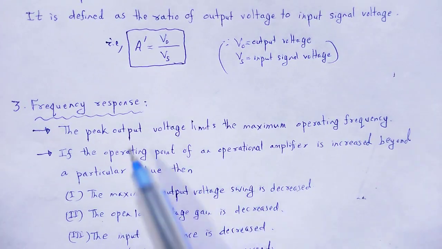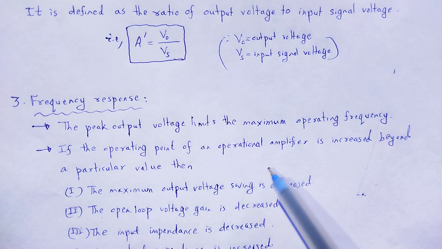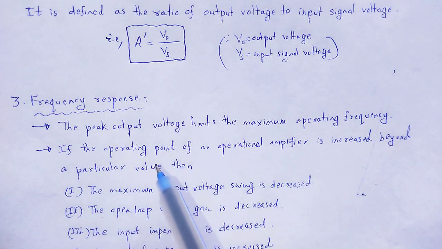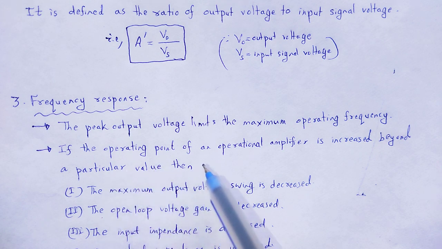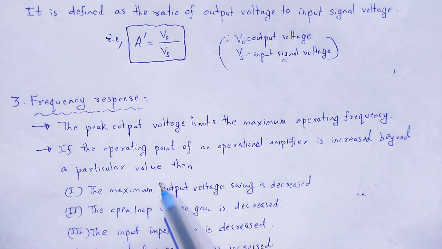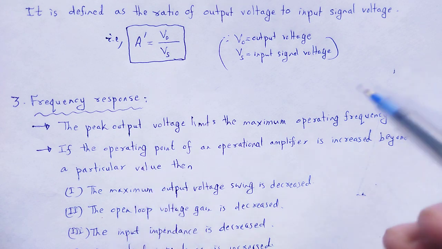Another point: the operating point of an operational amplifier, as we know, is the Q point or quiescent point. If the operating point is increased beyond a particular value for a given frequency, then what happens?